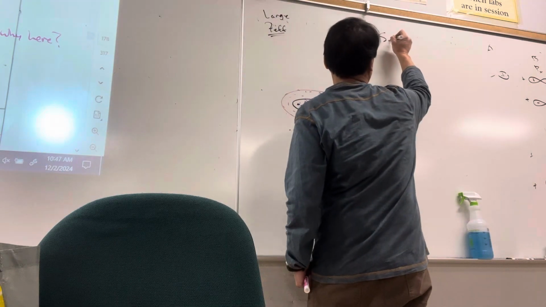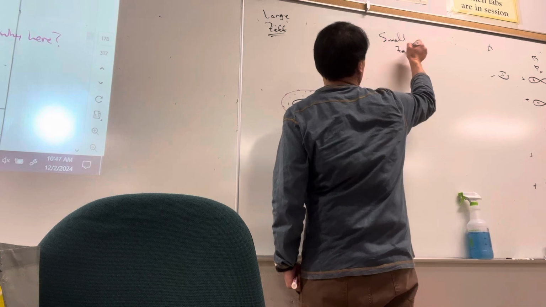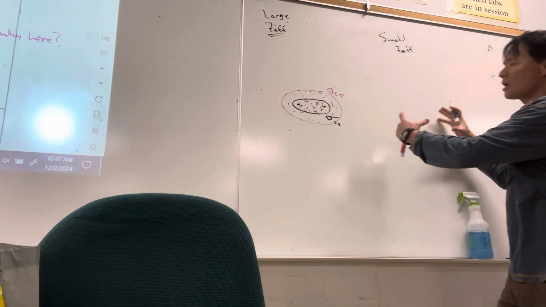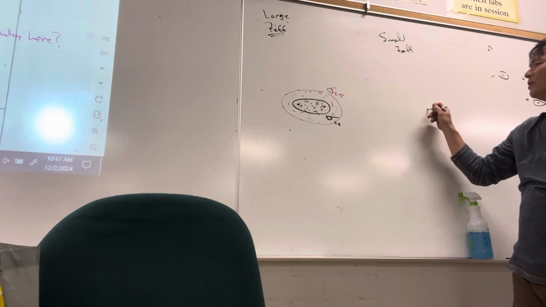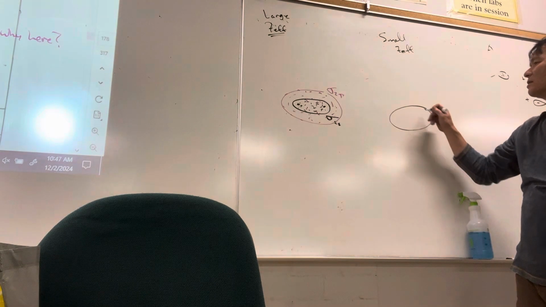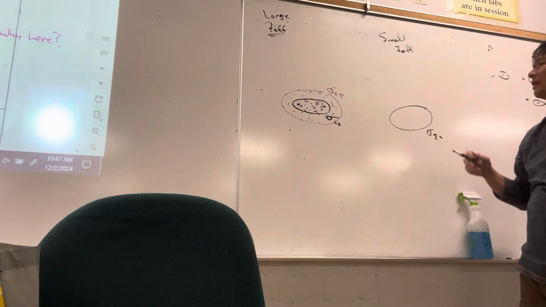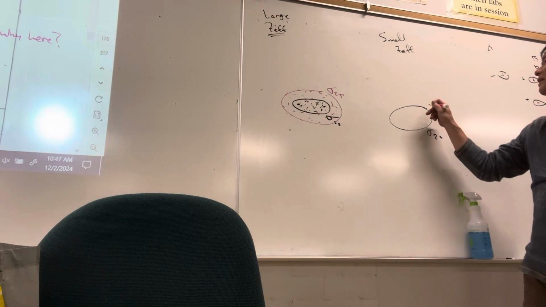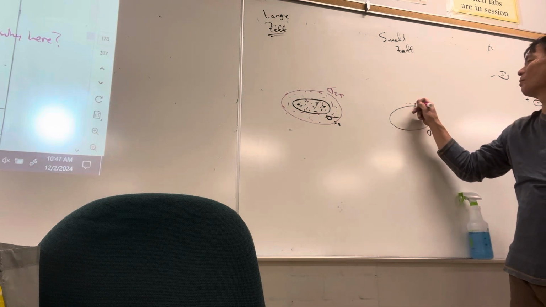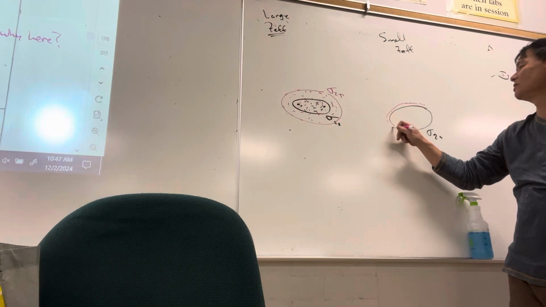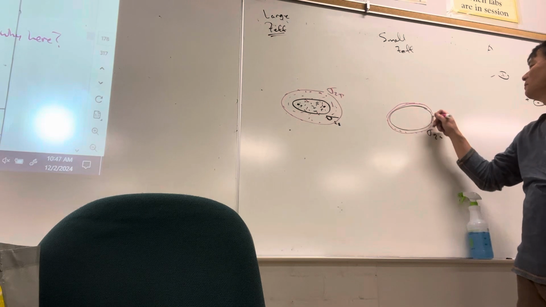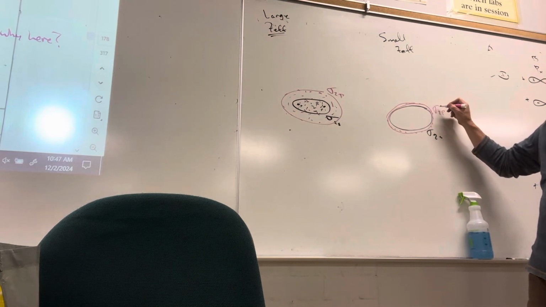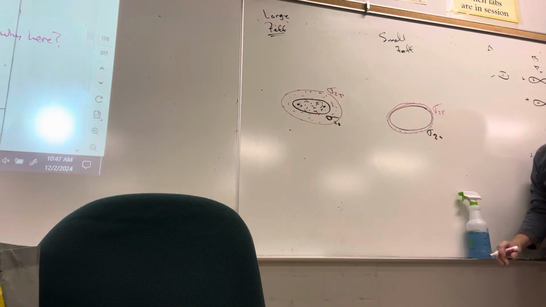With a small Z effective, it doesn't contract the orbitals as much. And so with a smaller Z effective, the orbitals are bigger, like this. And so the sigma 2s is bigger, like that. And the sigma 2p is bigger, but the S is more penetrating than the P. And so we end up with something like this, where the sigma 2p doesn't contract as much because P orbitals are less penetrating than S orbitals.